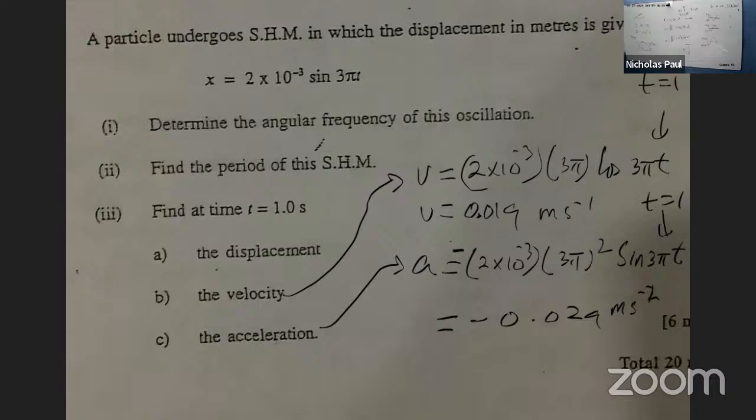Ready? Simple again, 0. Check what you will get now. Sine 2 pi should be 0. I don't know, it should be 0. Let me calculate and see.